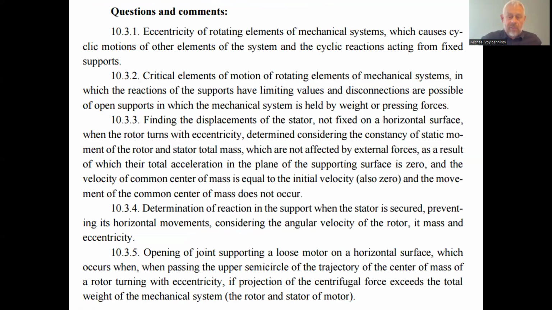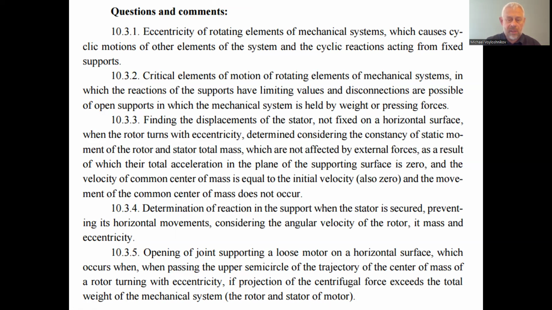Eccentricity of rotating elements of a mechanical system causes cyclic motions of elements of the system and cyclic reactions acting on the fixed supports. The fact is that in any case, the quality of the construction of the rotating mechanical system, in particular the electric motors, could never be perfect.